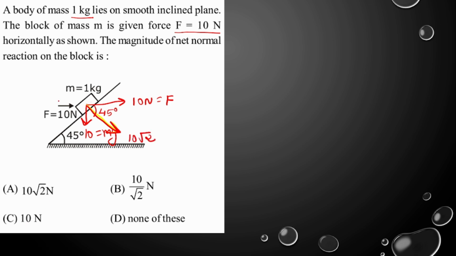So the normal reaction will act on the block in this direction, and the value of normal must equal 10 root 2 Newton, because the resultant of these two 10 Newton forces will be 10 root 2. So the answer is A.